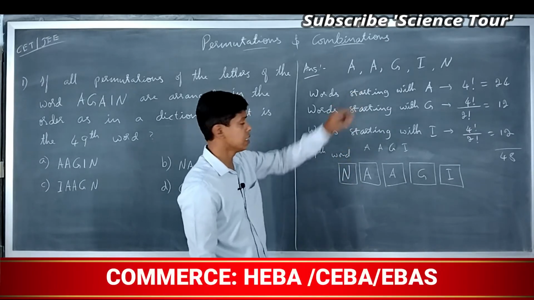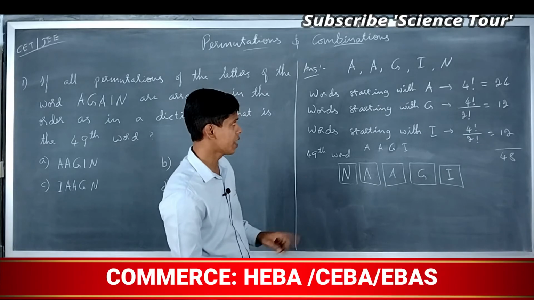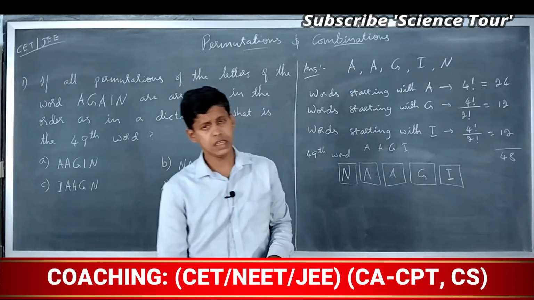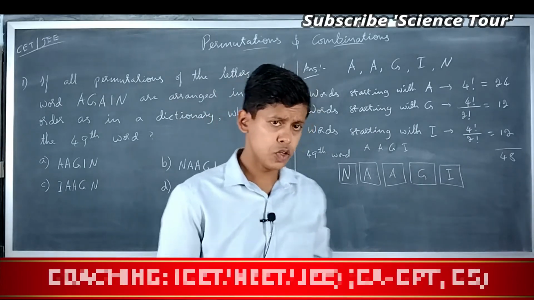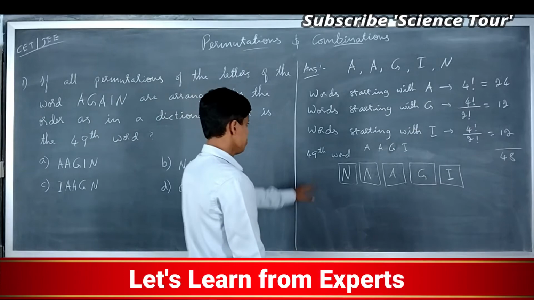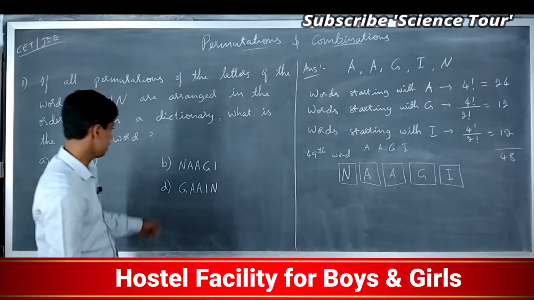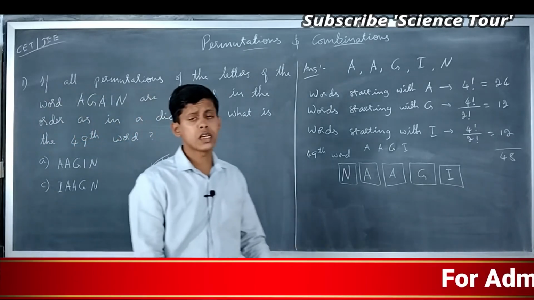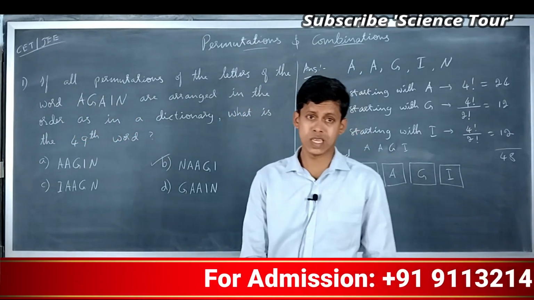That's the end, correct? You cannot repeat N because there is only one N. You have to use only these 5 letters and make different words. Anyway, we got the 49th word, and that is N, A, G, A, I, which is option B, and that's the right answer for this question.